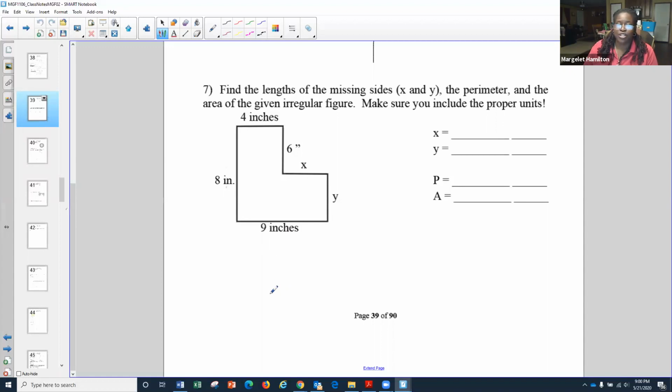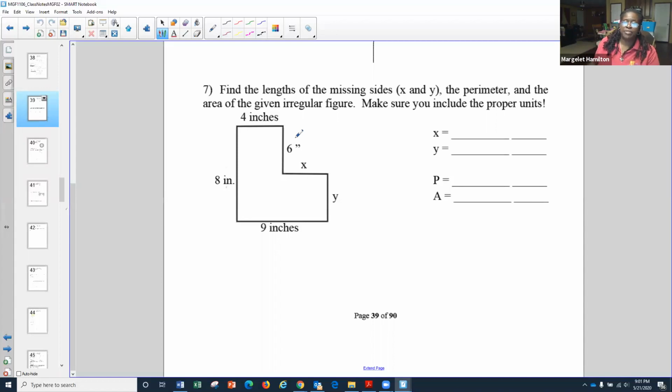So let's take a look. Here we have 4 inches, 8 inches. You see, they gave us an abbreviation for inches, but that's fine. 9 inches. There's our Y we have to find. Our X we have to find. And here's 6 inches. We know that a double apostrophe, quotes, means inches.